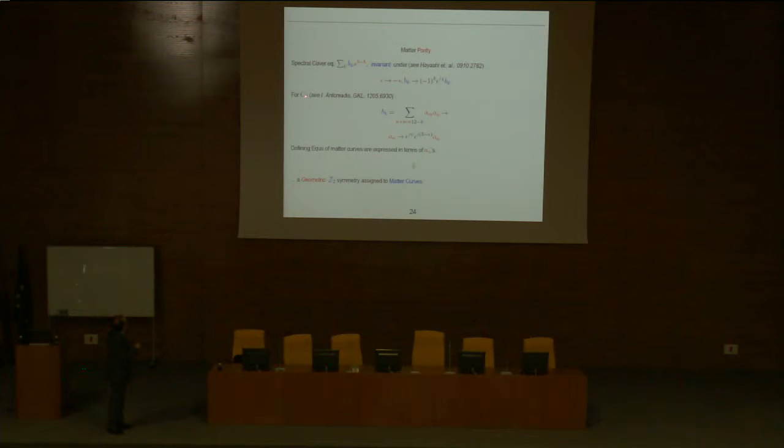If you just focus on the case of the C4, then these equations that relate the coefficients of the new polynomials with the C5 spectral cover also give the transformation properties of the a's. But recall now that the a's are involved in the defining equations of the matter curves. This means that we have a way to communicate this Z2 geometric symmetry to the matter curves.